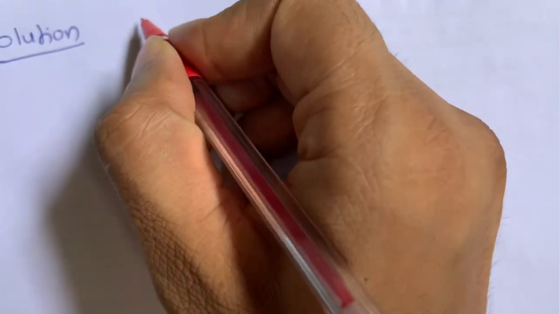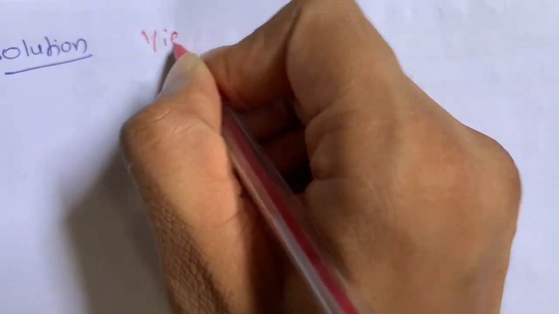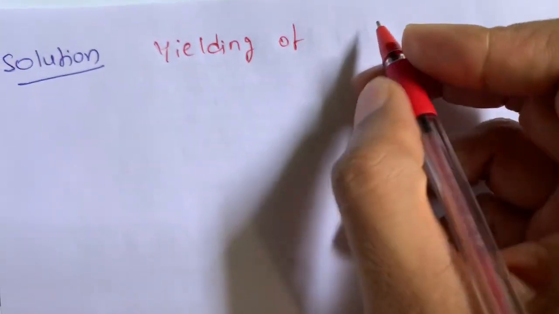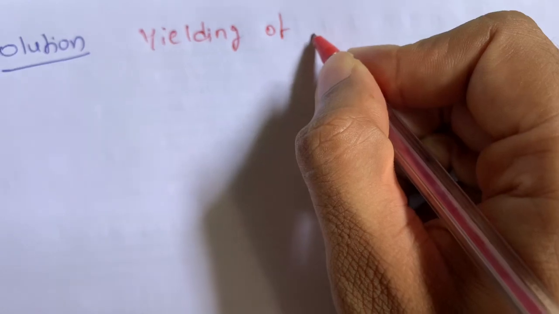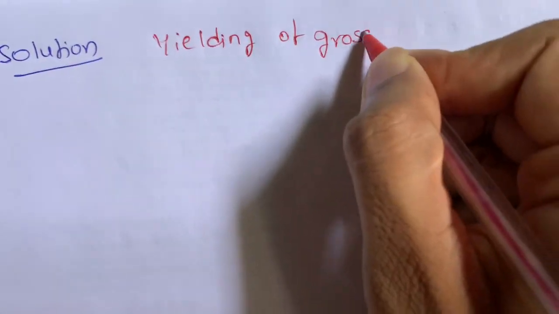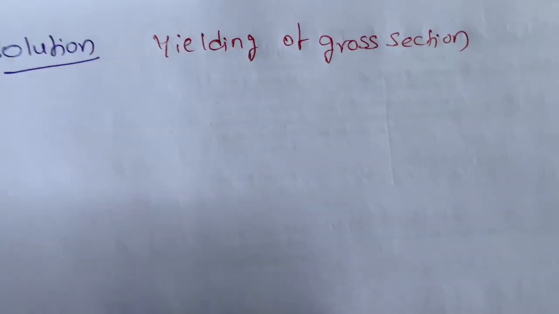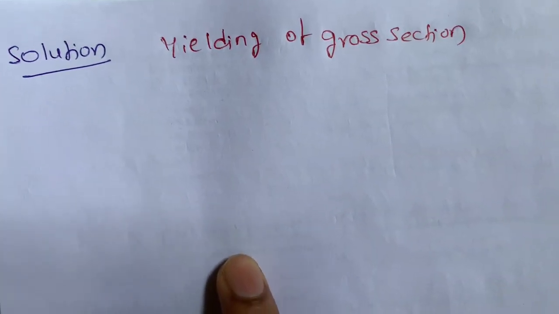First I am going to calculate yielding of gross section. This is the first failure. The formula is available on page number 32.